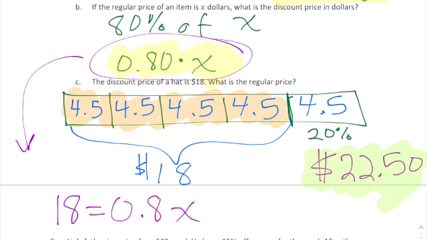Because that 80% of something is 18. So I can take this because this is 80% of anything. So 80% of x is 18. Divide both sides by 0.8. Let's make this a little bit smaller so it's easier to work with.